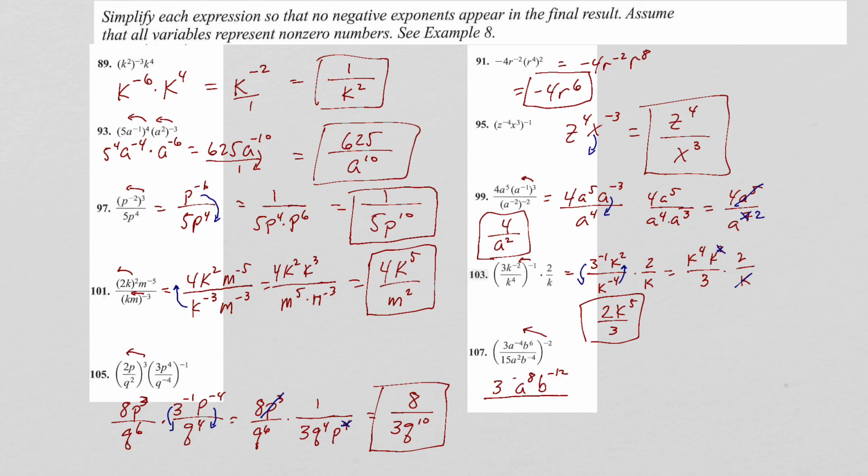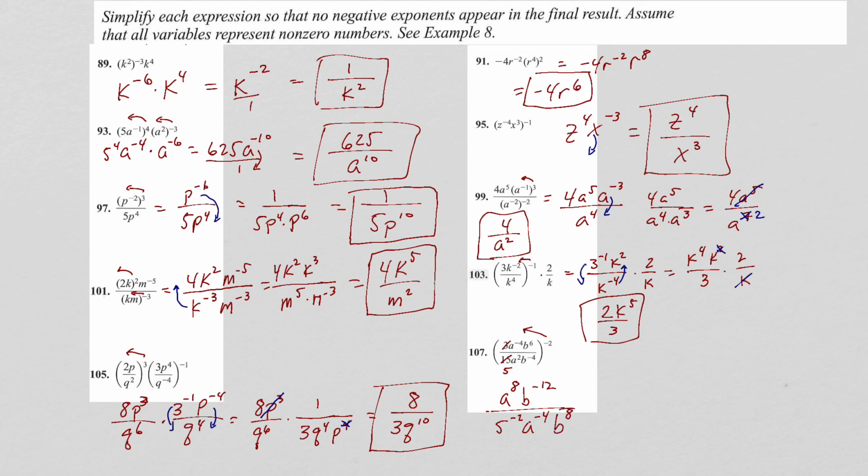What I'm going to do is I'm going to erase, and I'm going to cancel before I start doing anything. So this will become a 1 and a 5. Now when I bring the negative 2 in, I'm going to have a to the 8th and b to the negative 12 over 5 to the negative 2, a to the negative 4, b to the positive 8.